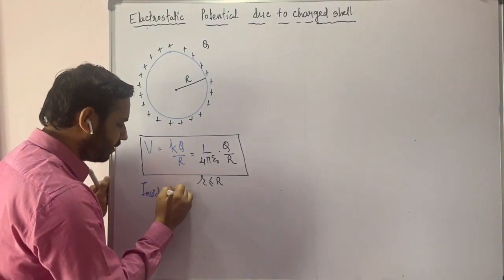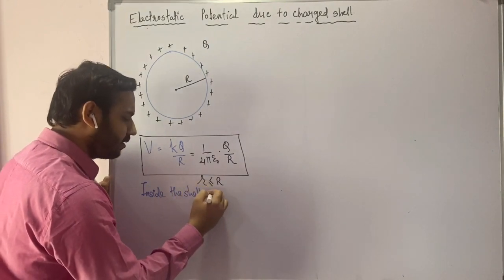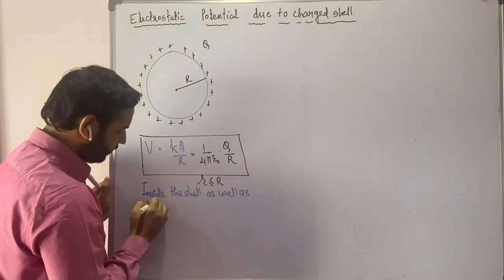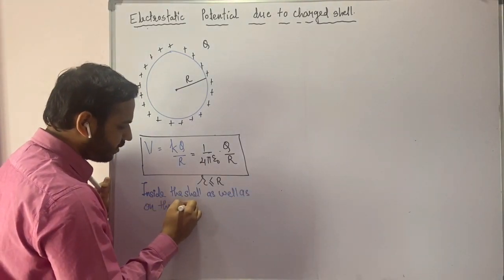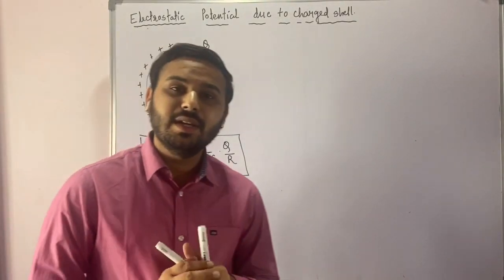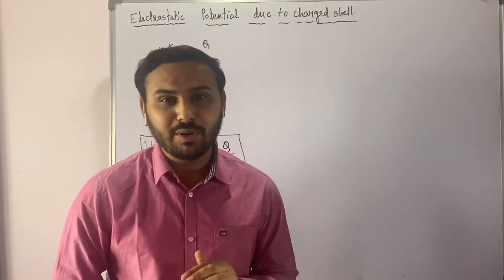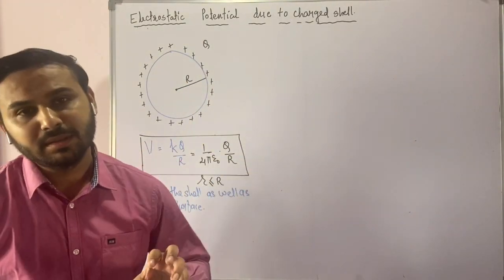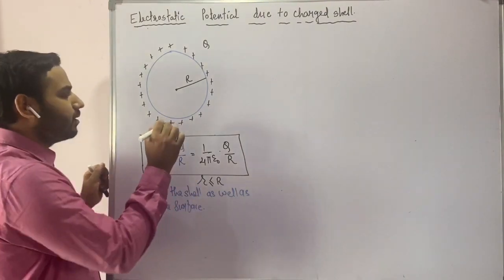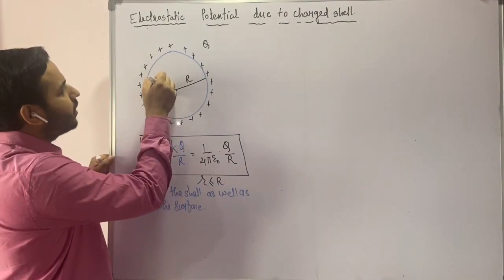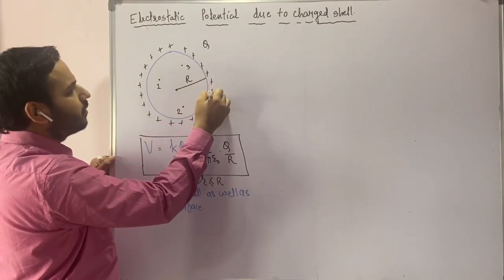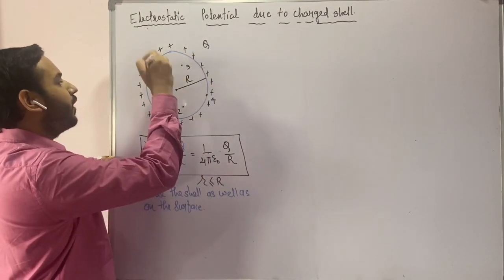Inside the shell as well as on the surface. See, you consider electrostatic potential at any point which is within the sphere or on the shell. I'll give some points, say 1, 2, 3, 4, 5.